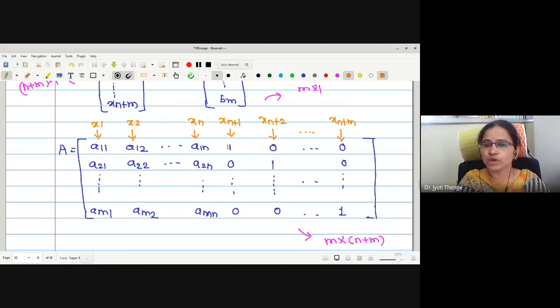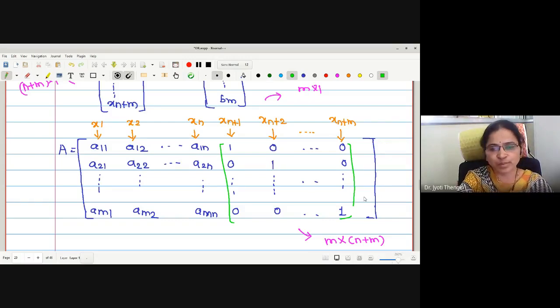Then what is the coefficient matrix of the remaining variables? The coefficient matrix of the remaining variables will be this much. Then what is the determinant of this matrix? This is 1, isn't it? Because it is the identity, for this example I am telling you. Therefore, we have to select m non-zero variables in such a way that the determinant of the corresponding coefficient matrix should be non-zero.